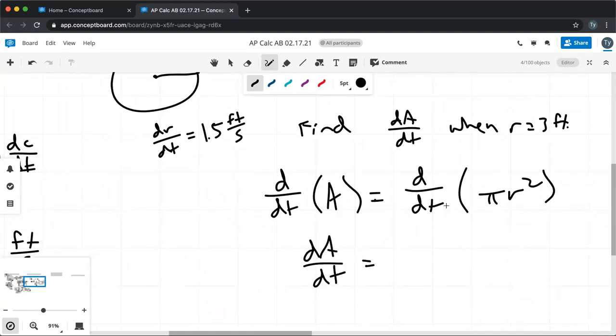And again, similar to before, we have this power rule. So this is just a constant multiple of pi, right? So that's going to stay. But we bring down the 2 and we reduce the power by 1. And again, we're differentiating with respect to time, not our variable for radius. So we need that dr/dt term.